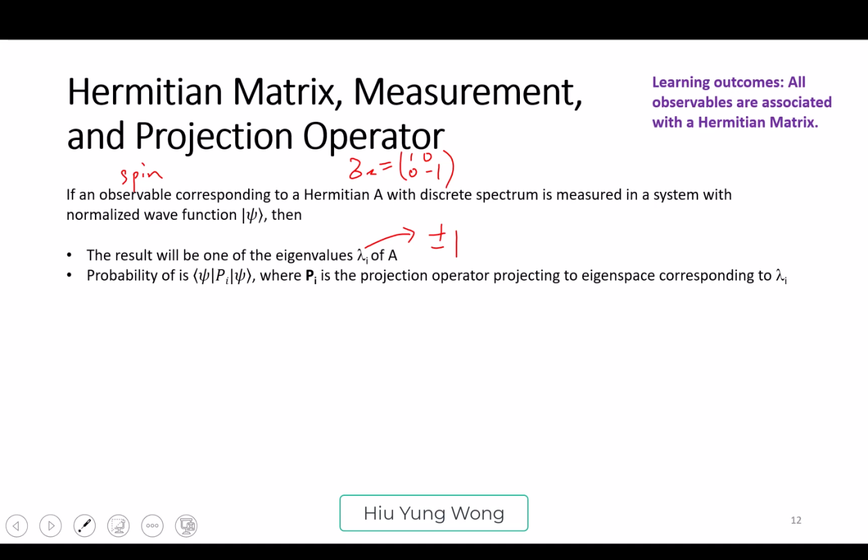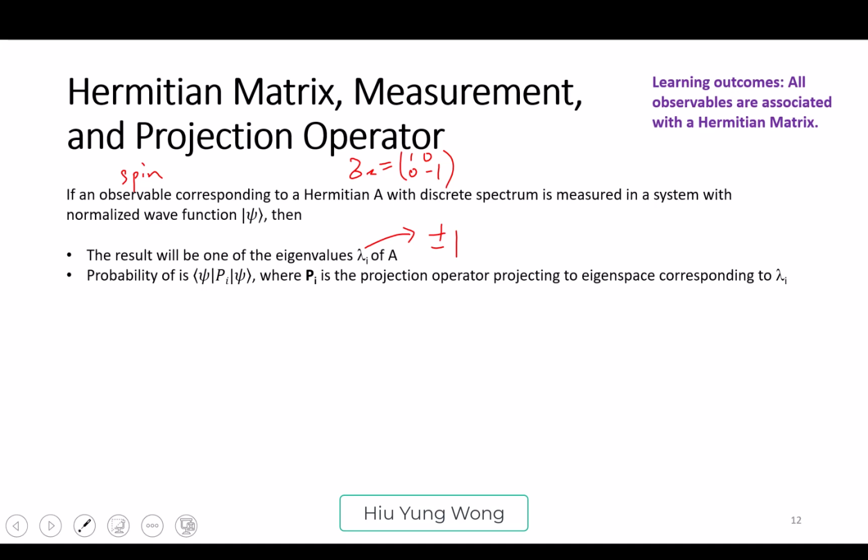all the Hermitian operators, right, will correspond to some observable, or maybe I should say all of the observables will correspond to some Hermitian operator. For example, you measure the velocity, measure the position, or measure the spin up and down. You have a corresponding Hermitian operator.